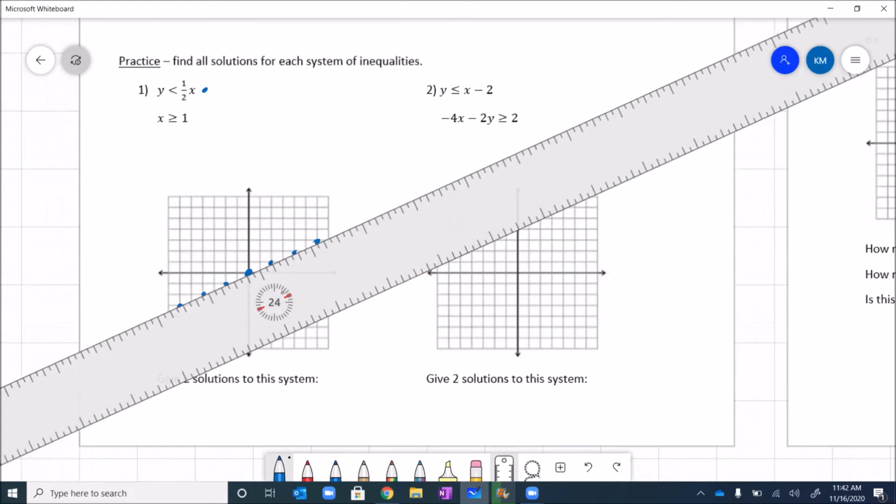All right, and then it's less than, so we know our line should be dotted. Dot along here, and that's just a reminder for us really that the line is not a part of our solution.